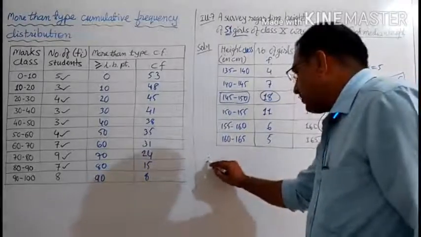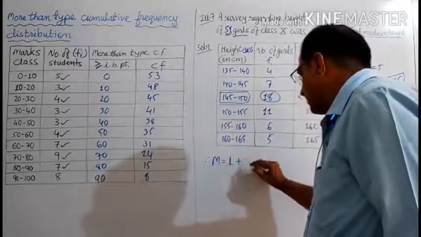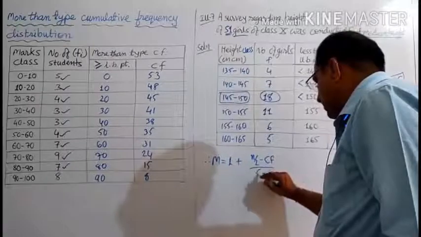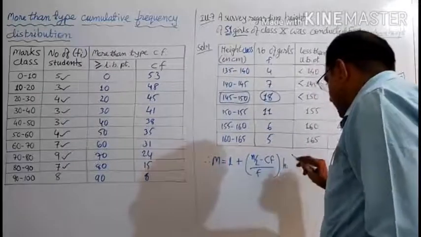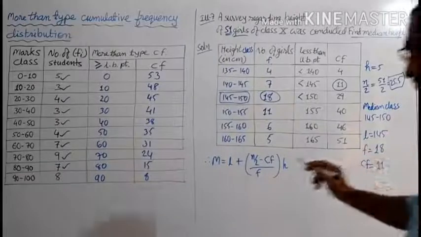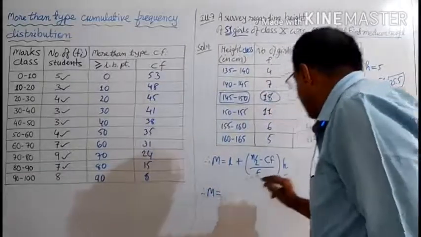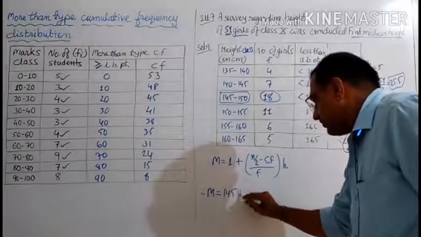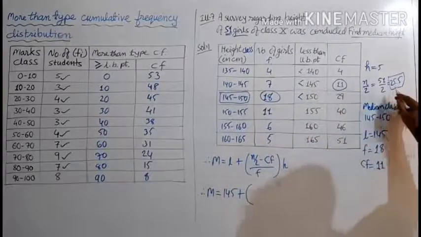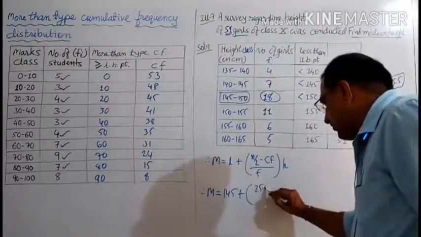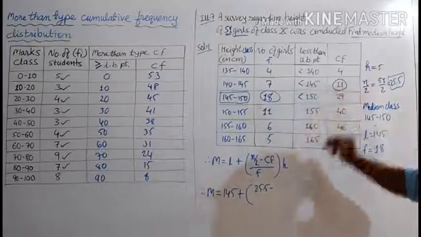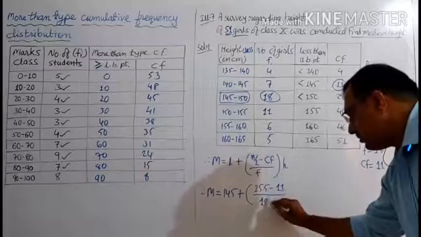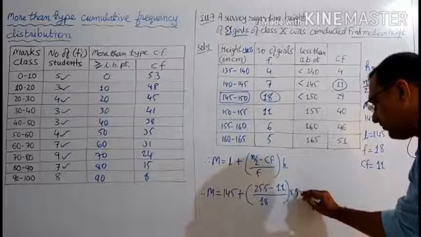Median is equal to lower limit plus n by 2 minus cumulative frequency, divided by frequency, multiplied by class width. This is the formula. Let us substitute the values. Median is equal to the lower limit 145, plus n by 2, which we have calculated as 25.5, minus cumulative frequency 11, divided by frequency 18, multiplied by class width 5.